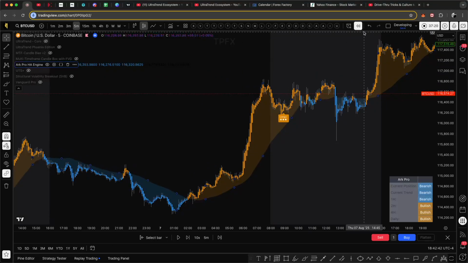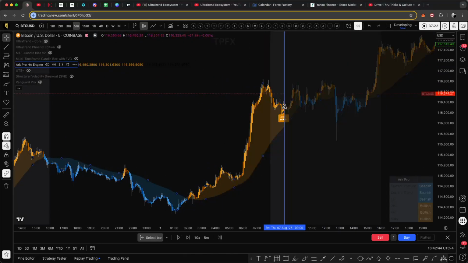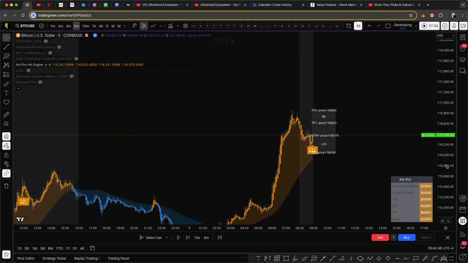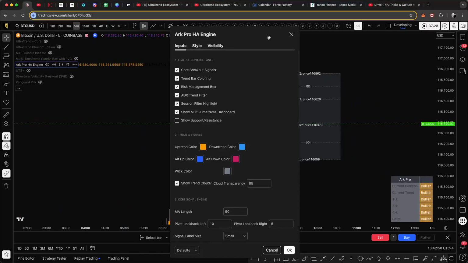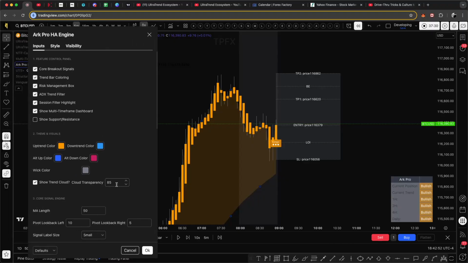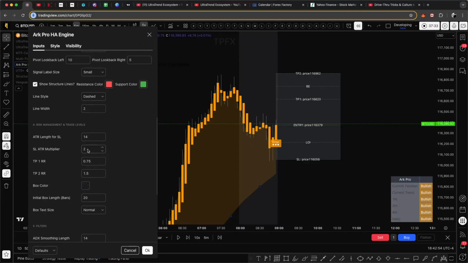This one right here. Let's see what we would have gotten from this one, if we hit at least. Oh, very important. I think I'm using 2 on the multiplier, right? Yes, I'm using 2. I think 2 is fine for Bitcoin as well. Between 2 and 2.5. Notice 3 is probably too much.